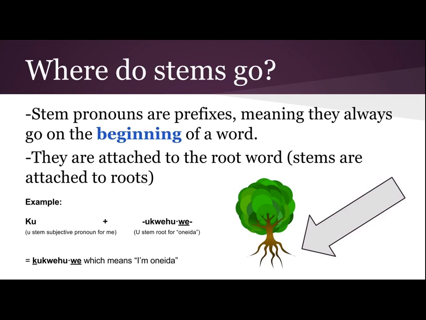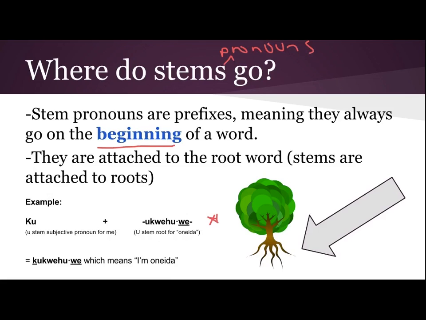So we did have a little example with sadi a couple slides before this one, but we know that stem pronouns are prefixes, and so they are always going to be before the beginning of a word or a verb, and they are attached to the root word. We get a little bit more into that later on, but an example that we do work on is ungwehu.